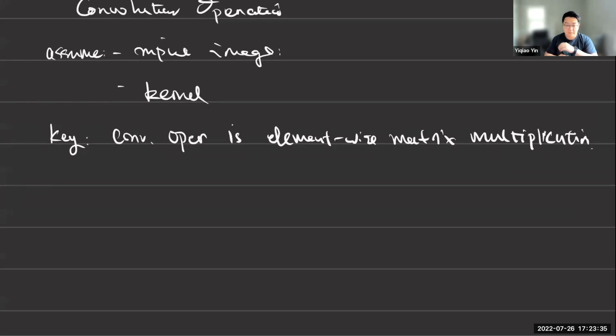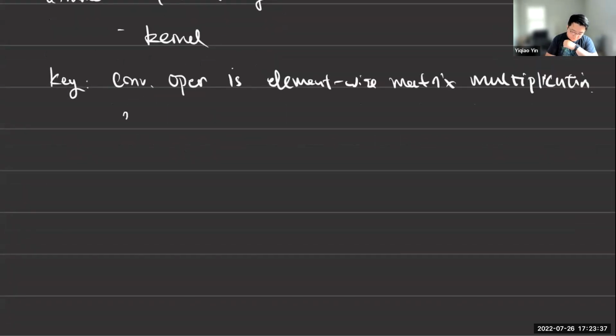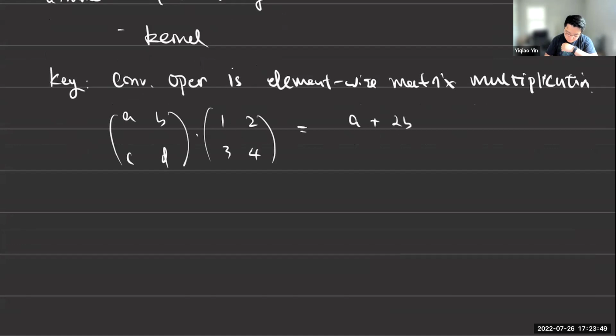What that means is, if I give you A, B, C, D, and then I give you 1, 2, 3, 4, then this is defined as A plus 2B plus 3C plus 4D. Okay, so this is what an element-wise matrix multiplication means.